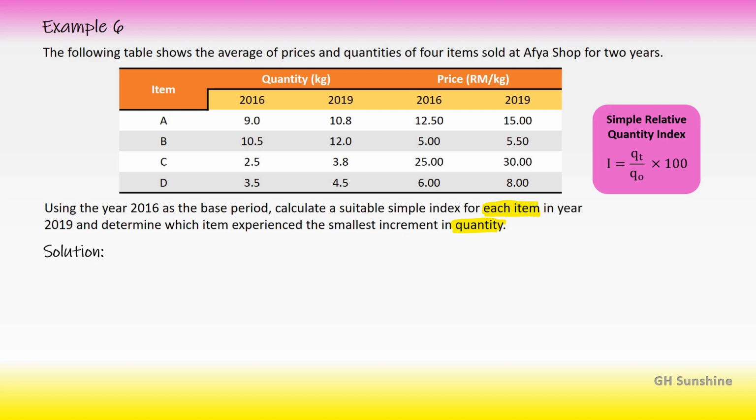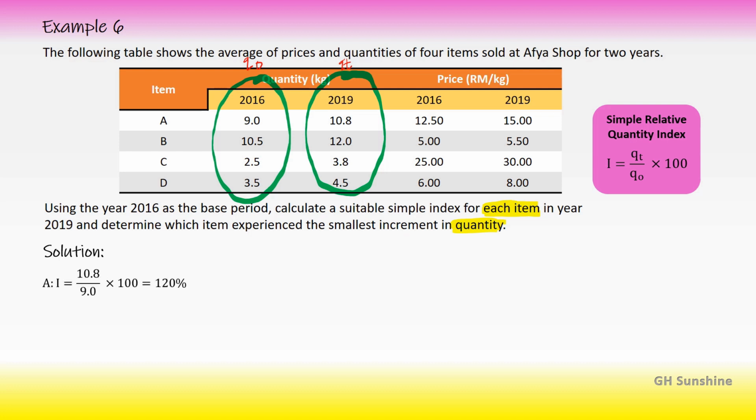So based on the table, where is the QT column? QT is based on 2019 and then Q naught is based on 2016. So this one is QT and this one is Q naught. Then substitute. First item A, 10.8 divided by 9. So you got 120%.